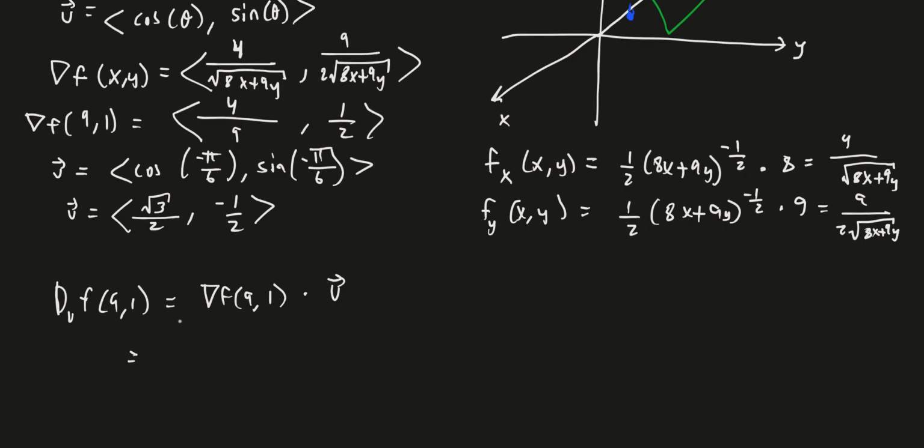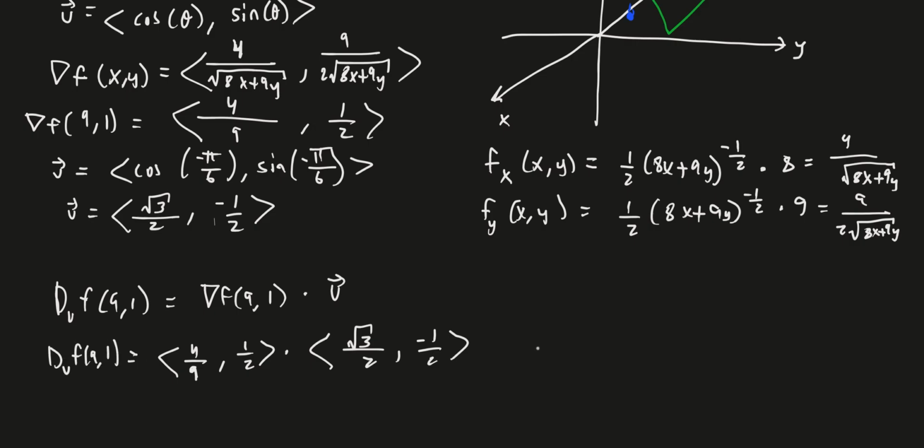So the gradient at 9, 1 we figured out to be 4/9, comma 1/2, dotted with the unit vector, which we figured out to be the square root of 3 over 2, comma negative 1/2. So this is just 4/9 times the square root of 3 over 2, plus 1/2 times negative 1/2.